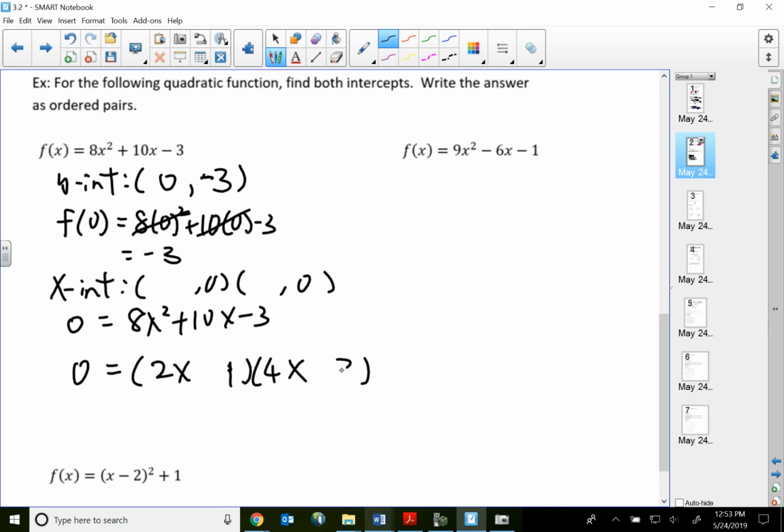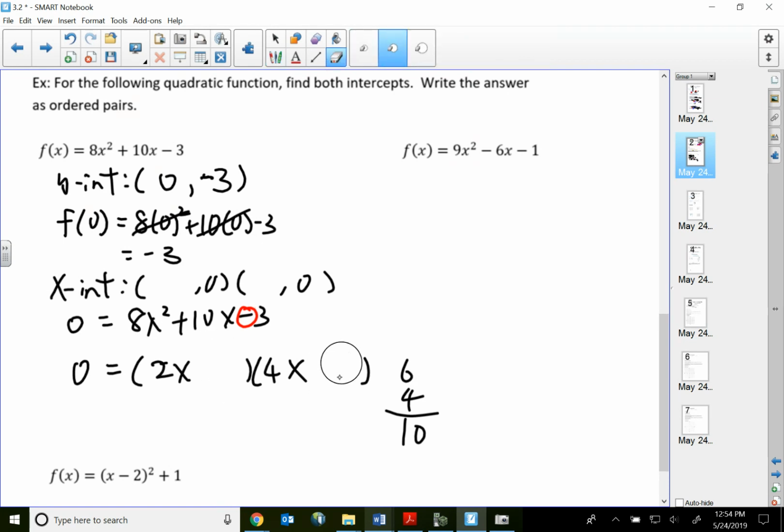If I put 1 here and 3 here, the outer is 6 and the inner is 4. 6 and 4 will give me 10 in the middle if I add them. But since the last term is negative, I'm supposed to get my middle term by subtracting. So this is not going to work.